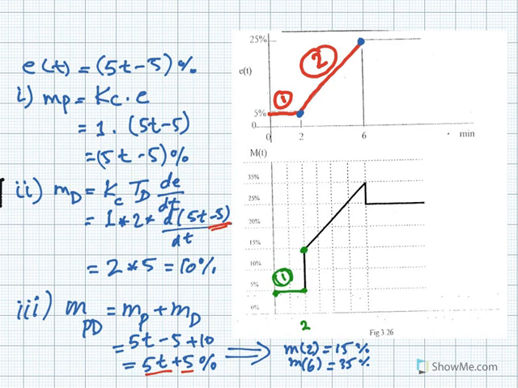So the output of the controller at t equals 2 is 15%, while at t equals 6, the output will be 35. So we have this line, and because these 2 points are at the same time, we have to connect them in 1 point.